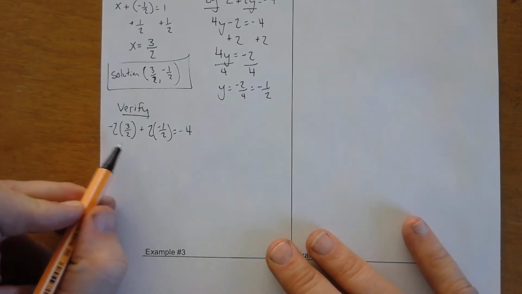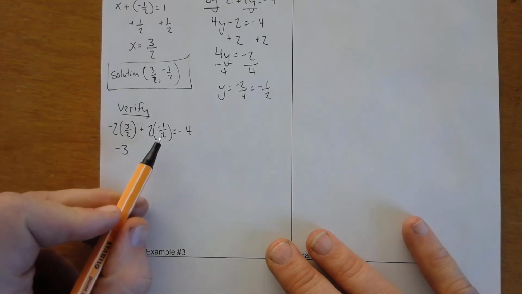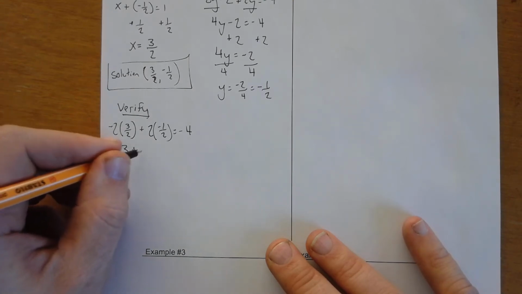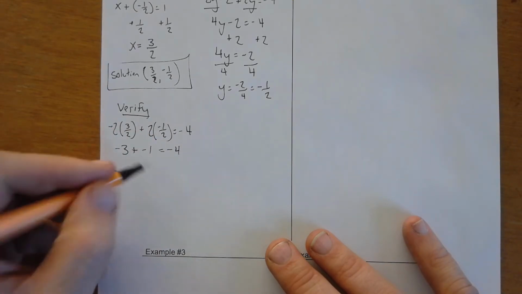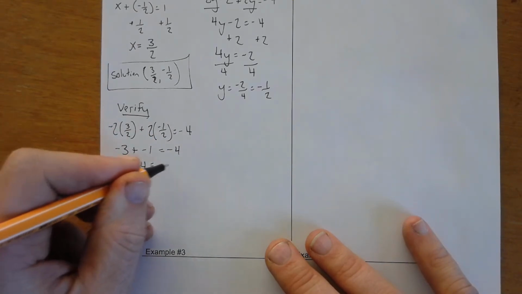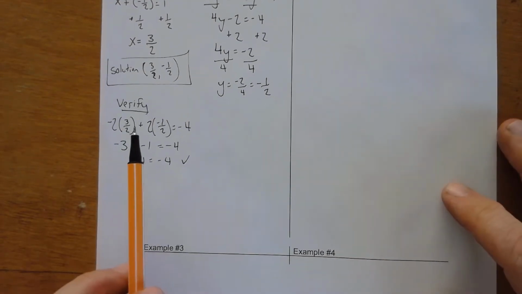Negative 2 times 3/2 is negative 3. 2 times negative 1/2 is going to be negative 1. And negative 3 plus negative 1 is negative 4. And negative 4 does equal negative 4, so the solution of 3/2 and negative 1/2 does solve the first equation.